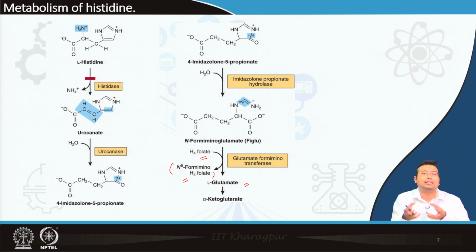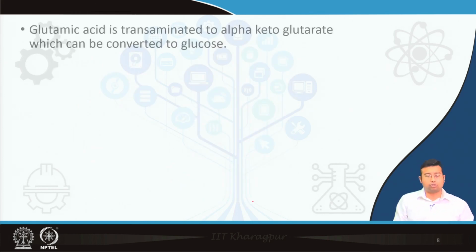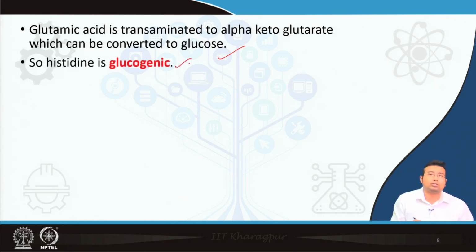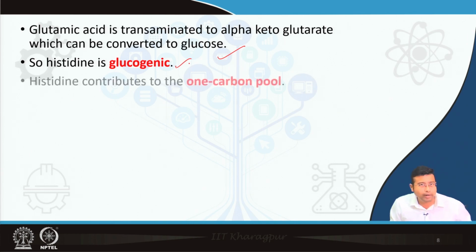The 1-carbon pool is basically those molecules which participate in 1-carbon reactions, and thus histidine metabolism also contributes to the 1-carbon pool by formation of N5-formimino tetrahydrofolate, and this glutamate can be converted to alpha ketoglutarate by transamination. And that alpha ketoglutarate, which is an intermediate of the TCA cycle, can always be converted back to glucose by reversal of glycolysis and gluconeogenesis. So, histidine is glucogenic, there is no doubt about it.